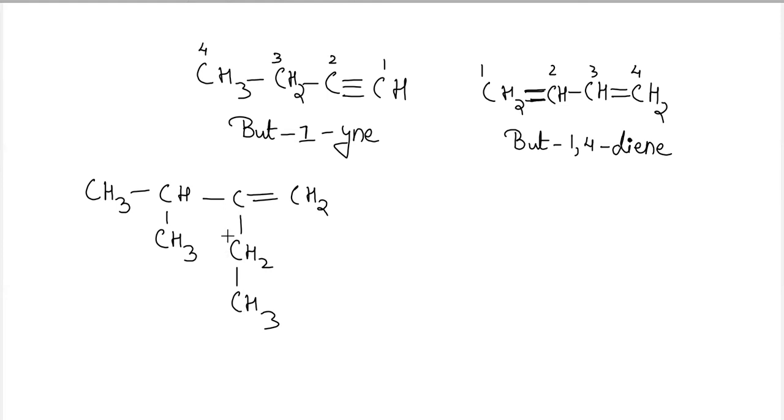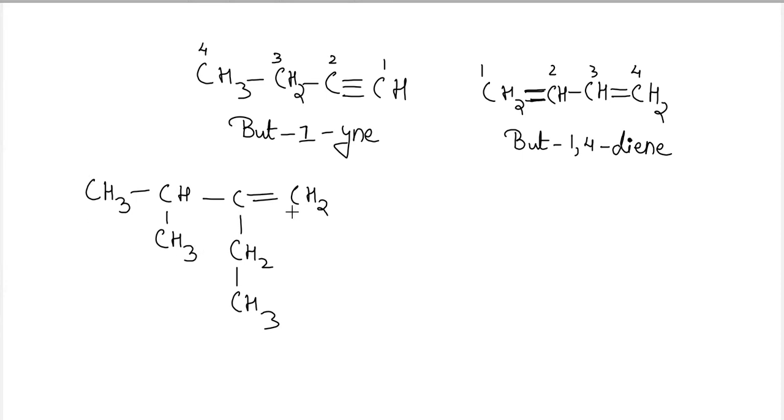Okay, here we have to include the double bond in our chain. In the root chain the double bond must be included, and also the chain which we are going to consider must contain the largest number of substituent groups. So here when we take the chain 1 2 3 4, only one substituent group will be there, which is this one.